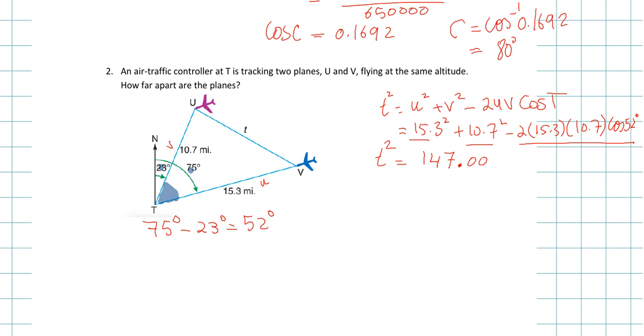Remember that sides should be to one decimal place, so 12 point 1. This is a word question, so it should be a therefore statement. Therefore, the two airplanes are 12.1 miles apart.